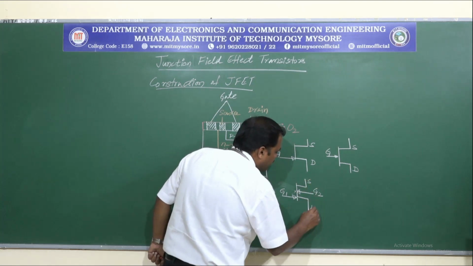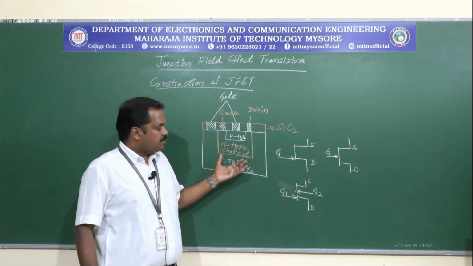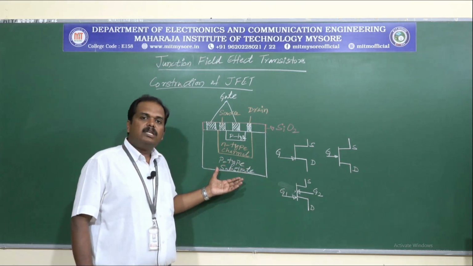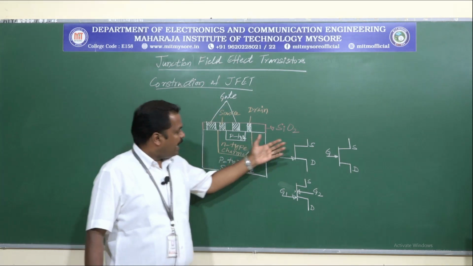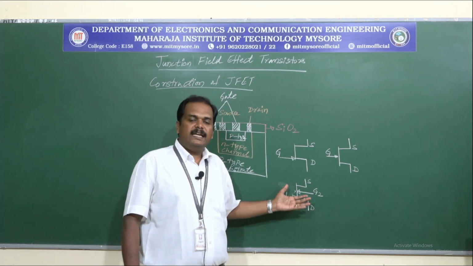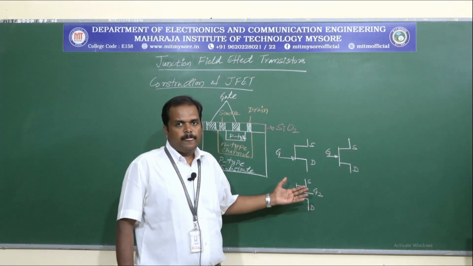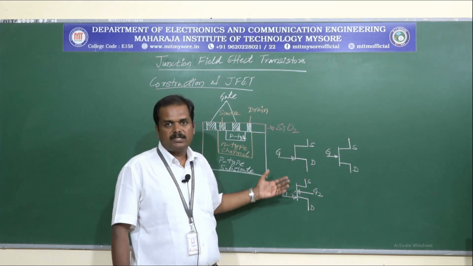This will be source and this will be drain. So, this is the cross-sectional view or the fabrication of the N-type JFET, and these are the symbol representations of N-type JFET. Now, we will understand the working of this JFET.